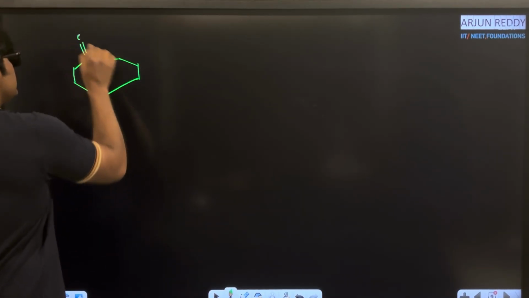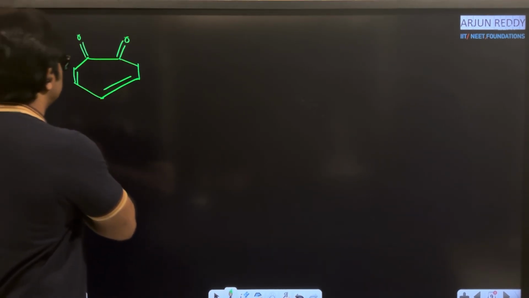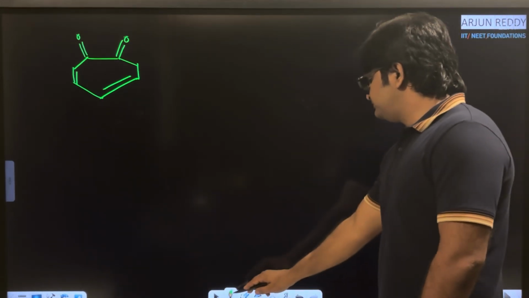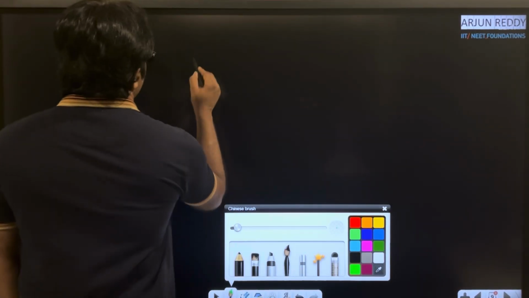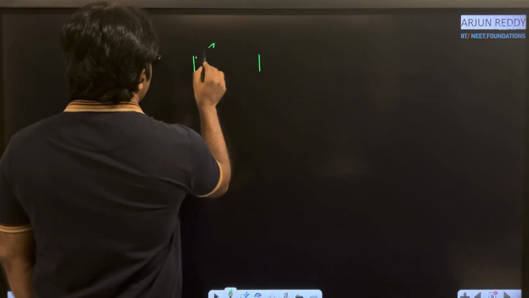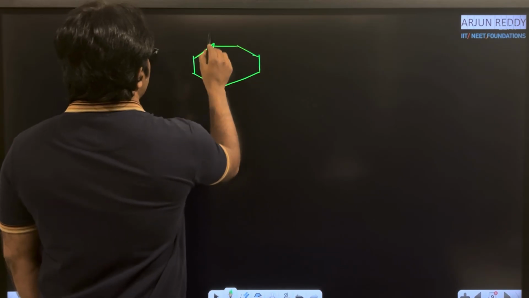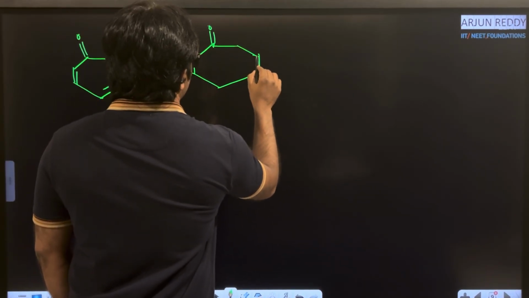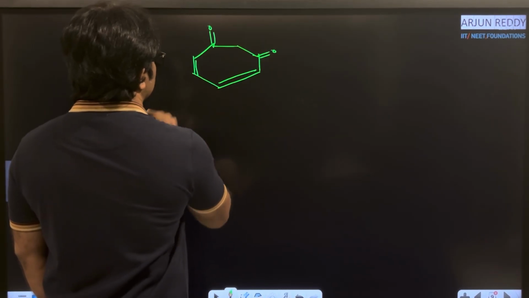Here I am taking C double bond O and C double bond O. Pi bond, again here pi bond. 1, 2, 3, 4, 5, 6, 7. And what is the second example? Second example, same 7-member ring system, but the position of carbonyls is different, right? Here I am taking C double bond O, again here C double bond O, pi bond, again here pi bond.